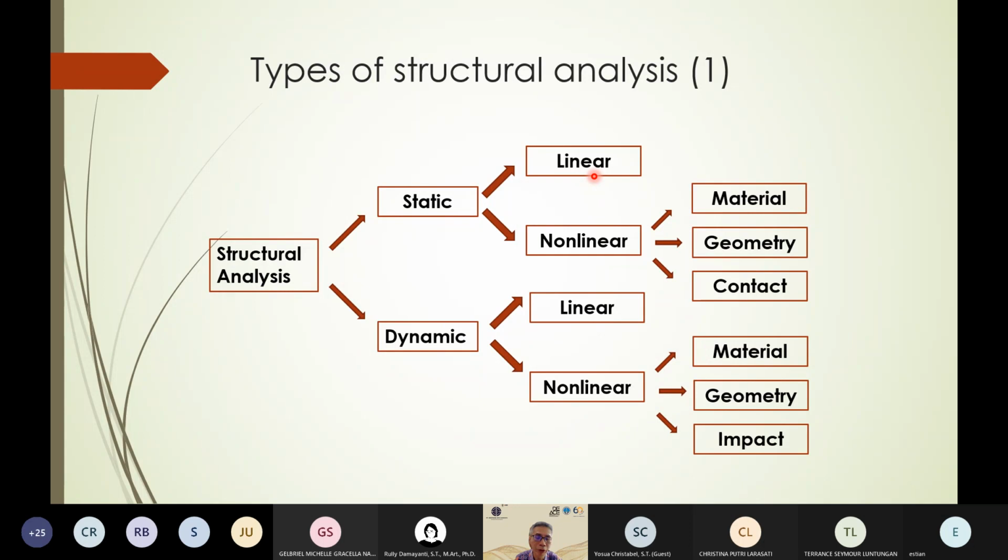Normally, we perform this analysis first before going to others. And then maybe we need to perform dynamic linear analysis. If we expect some materials in the structure to go beyond the elastic range, then maybe we have to move to non-linear, either static or dynamic, material non-linearity.